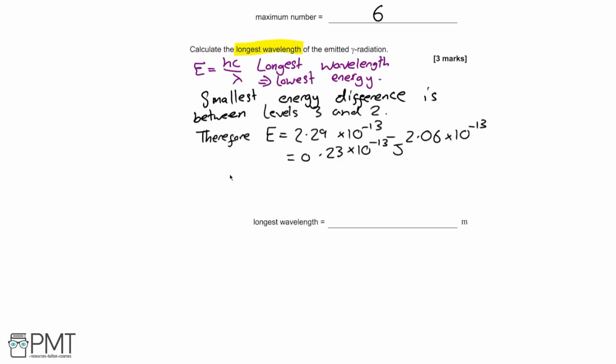Then we need to use the equation E is equal to hc over lambda, which we derived earlier, and rearrange such that we make lambda the subject. So we multiply both sides by lambda and divide both sides by E. Then we substitute in the numbers. Specifically, we know that Planck's constant h is given by 6.63 times 10 to the minus 34, c is given by 3 times 10 to the 8, and we worked out E earlier as 0.23 times 10 to the minus 13 joules.